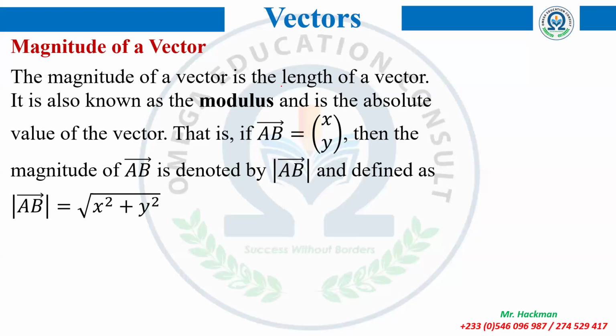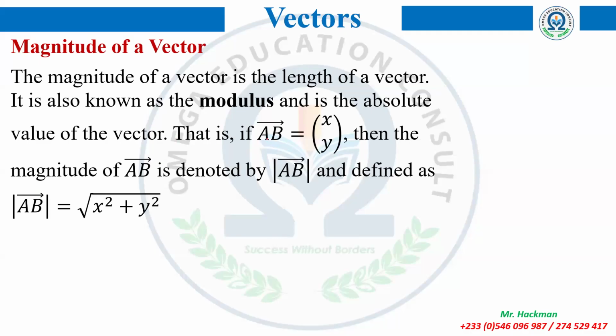The magnitude of a vector is the length of the vector. It is also known as the modulus and is the absolute value of the vector. It's also known as the modulus or the distance, but usually we use magnitude. So take note: the magnitude of the vector, the length of the vector, but we usually use magnitude.